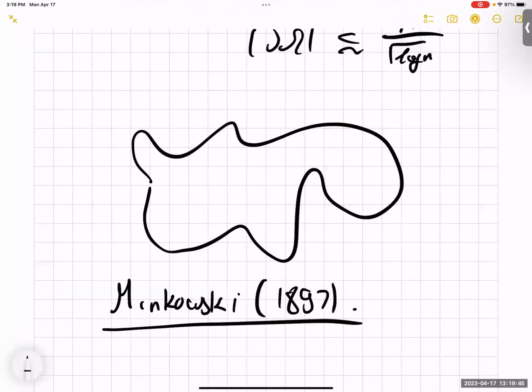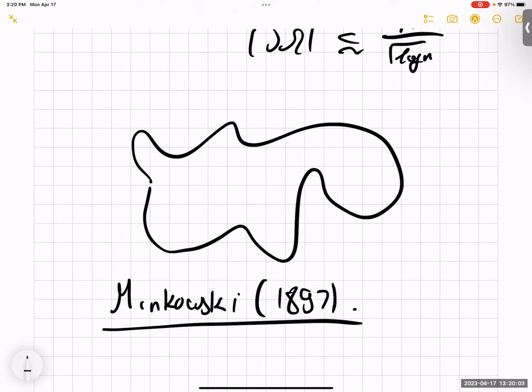Minkowski proved that what you see must be either a parallelogram or a centrally symmetric hexagon. And this turns out to be if and only if. So this is a complete, beautiful characterization of when a convex body is a parallelotope.